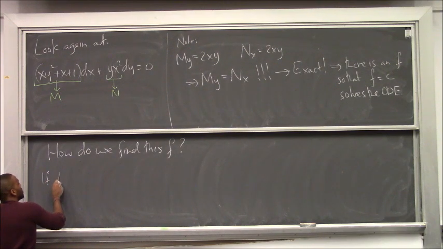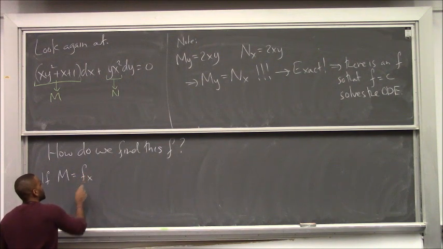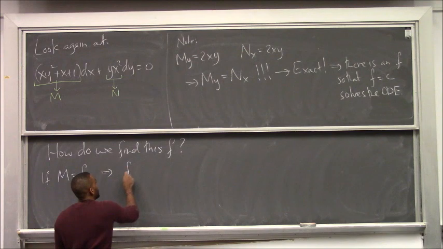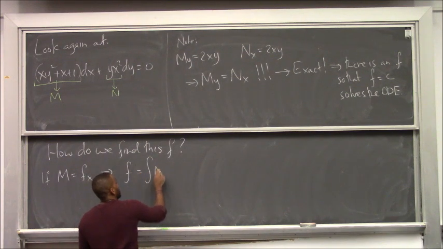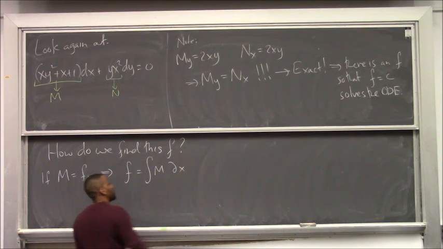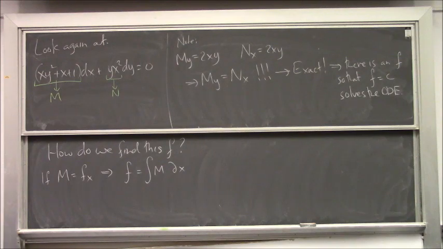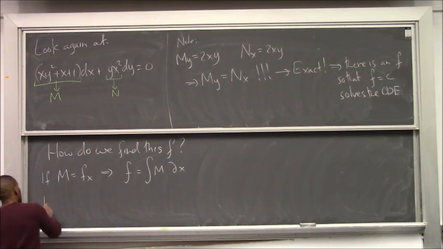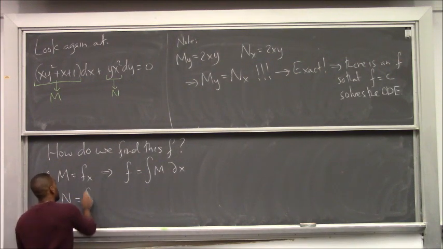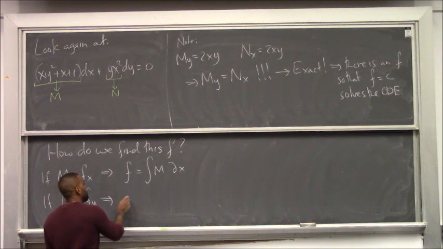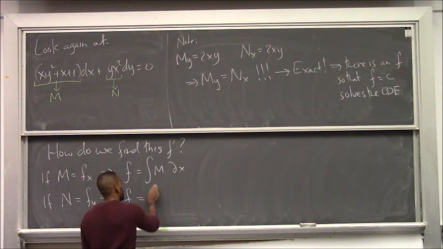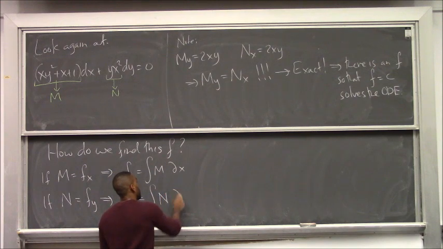If your M is the partial with respect to x of some function, then we can think of f as the integral of M with respect to x. And if your N is the partial with respect to y of some function, that function will be the integral of N with respect to y.